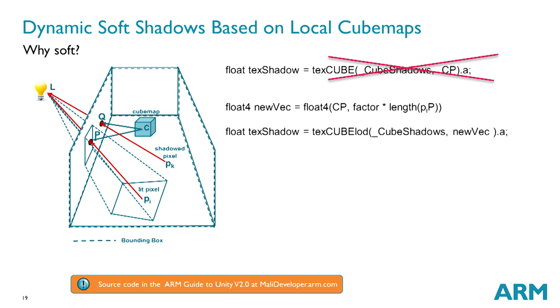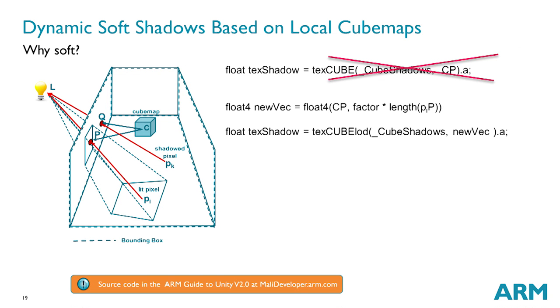We try to reproduce the fact that the farther away from the object, the more blurred or softer the shadows will be. So we use as a parameter the distance from the fragment to the intersection point, in that case from the fragment to the point P or Q in that scheme.